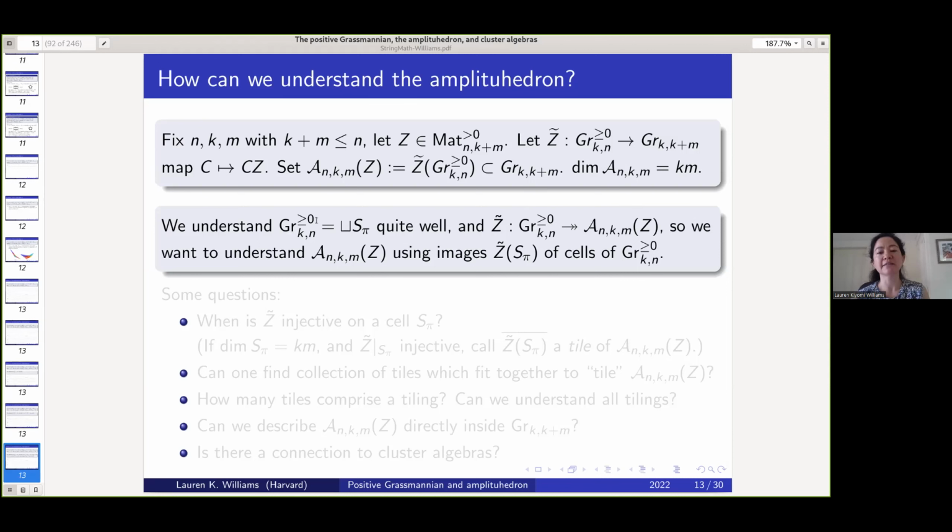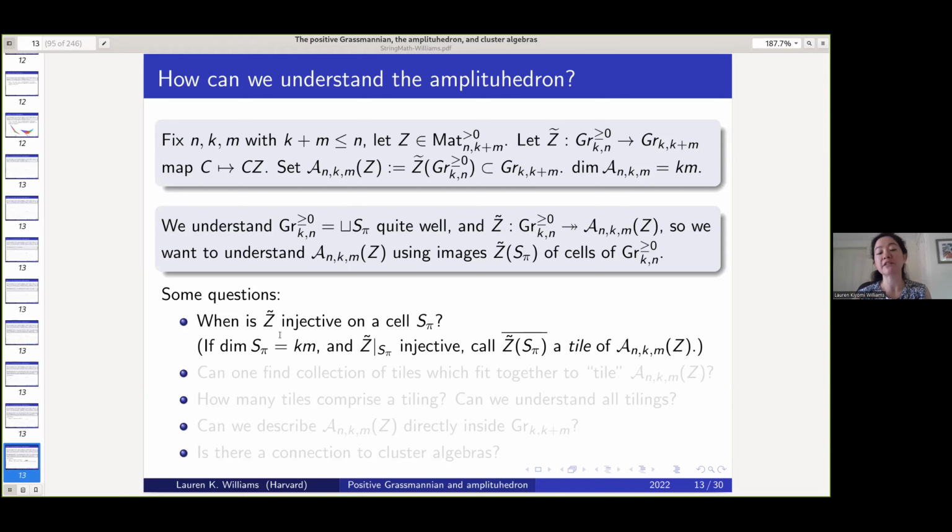And so some natural questions one can ask is, when is the map Z tilde injective on a cell S pi? Given that the amplituhedron has dimension K times M, it's particularly interesting to study the Km-dimensional cells of the positive Grassmannian and figure out which ones map injectively onto the amplituhedron.